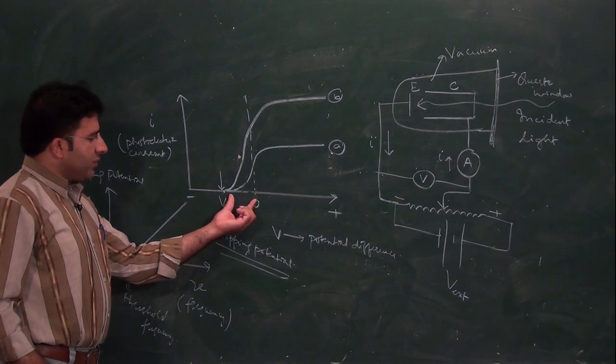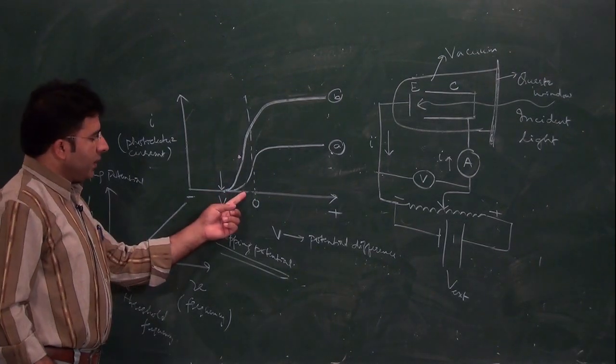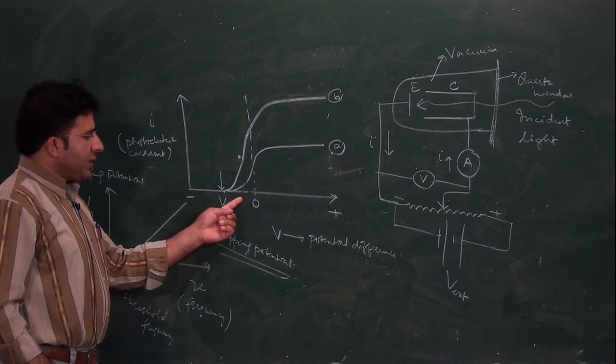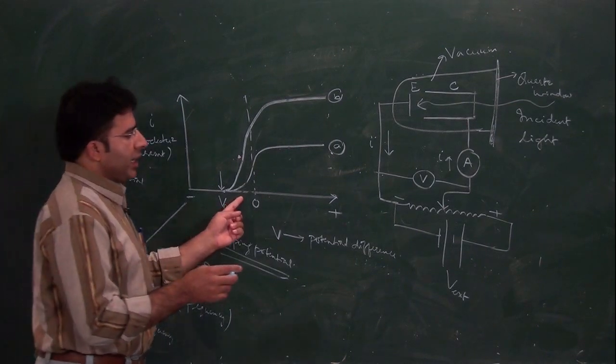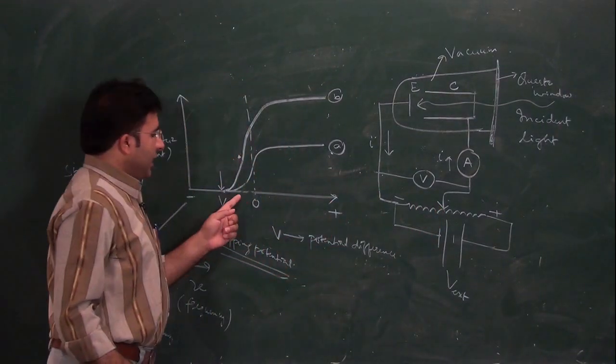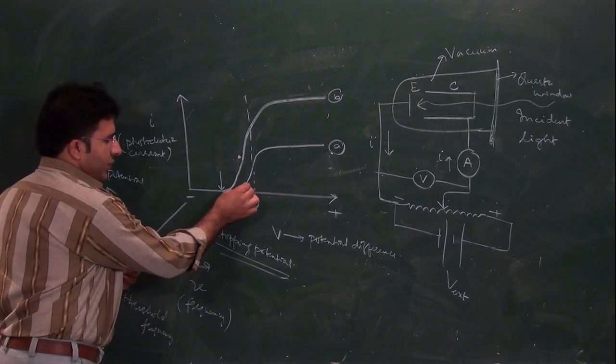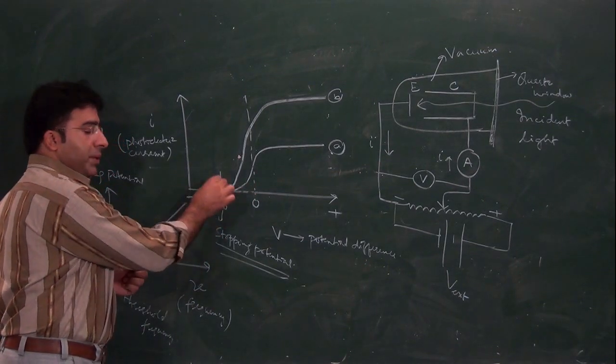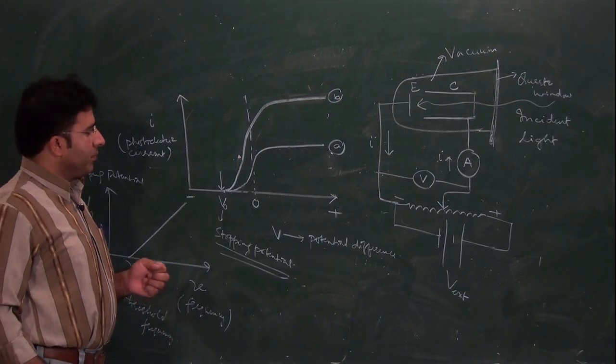And on this side of the plot we see when voltage is made negative, that means these connections are reversed. What happens there? Current reduces, ultimately at stopping potential becoming 0.